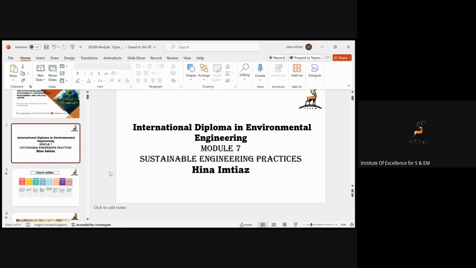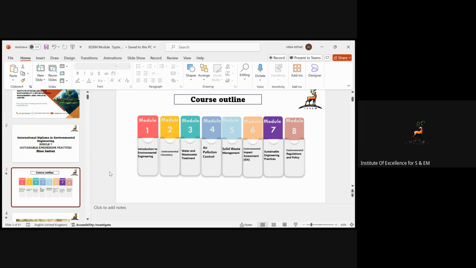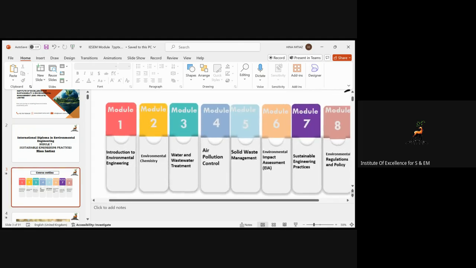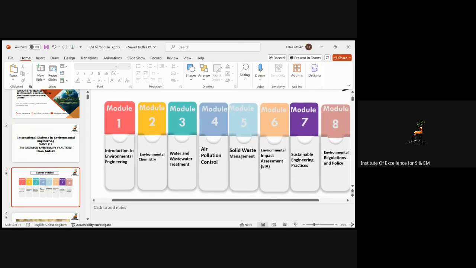Okay, so I'm going to start today's module. We are going to discuss module 7, and the title of module 7 is Sustainable Engineering Practices. So far we have covered 6 modules, and all of these modules are related to different topics.